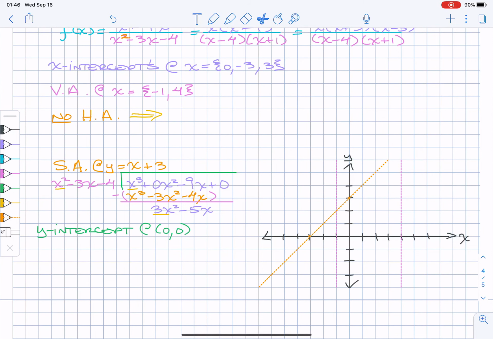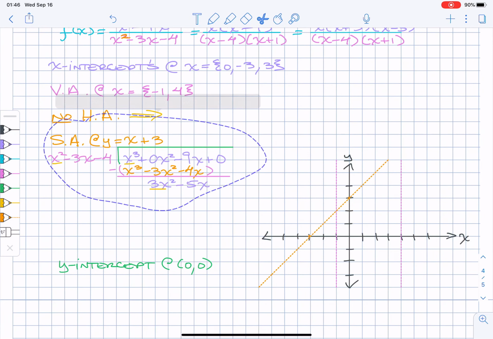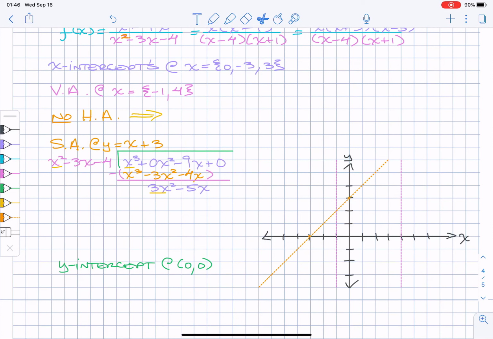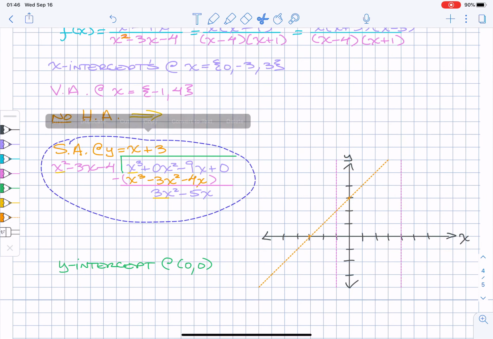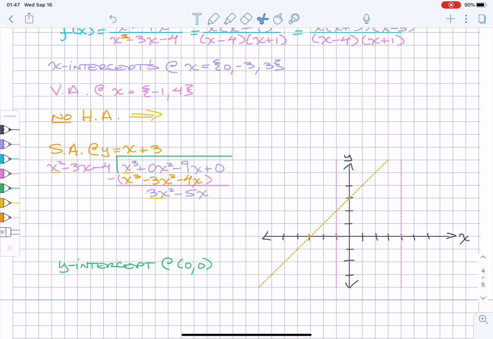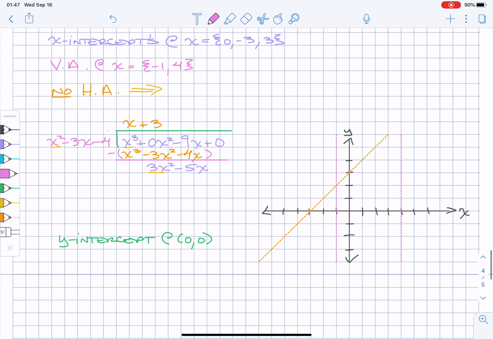That means I'll do my sign chart off on top instead. So the slant asymptote. Okay, so let me continue this and show you why this is. Let me just finish it. So this gives us 3x squared minus 9x minus 12.